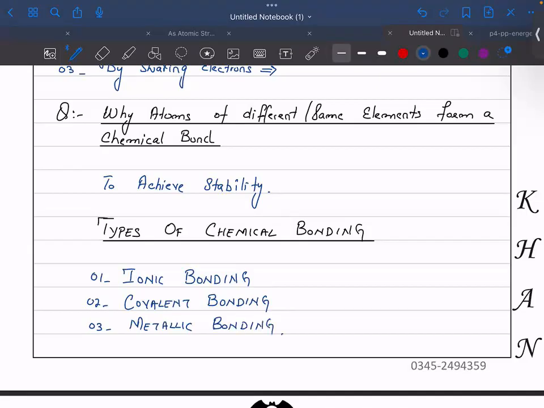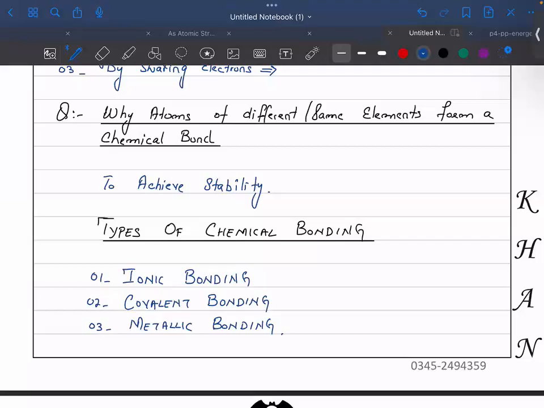Right, so we have to study all these three types of bonding. Okay, so far so good. Anything you need to ask? आगे बढ़े.